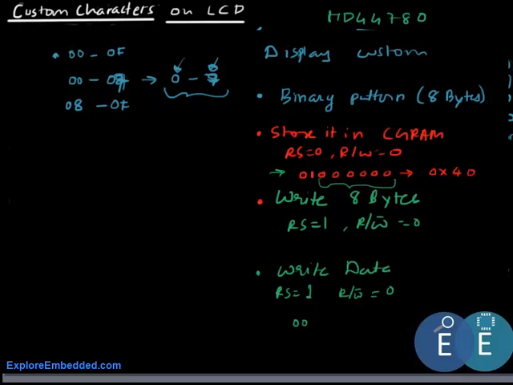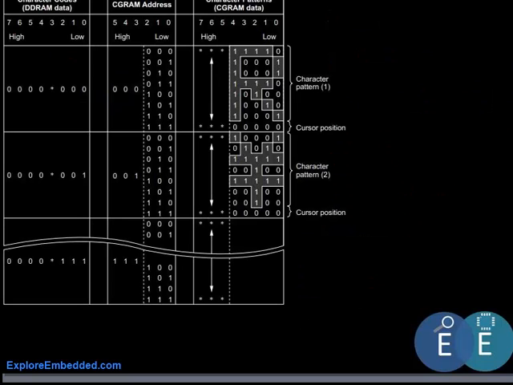Now let us look at the memory map. As you can see here, this is how it is stored. This is CGRAM. These 3 bits are don't care, and this is the pattern for character 1. The CGRAM addresses are 6 bits, so they start with 000 and 000, and this is 00111, which makes the first character.